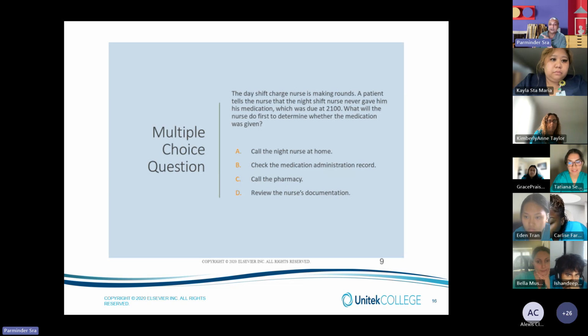Correct? Now, where do you look technically? Now, it's 50-50. Some of you answered B and some said D, because we are saying there should be documentation. So review the nurse's documentation. Right? That's what your thought is, whoever answered D? If it's documented, then let me look in the documentation, right?